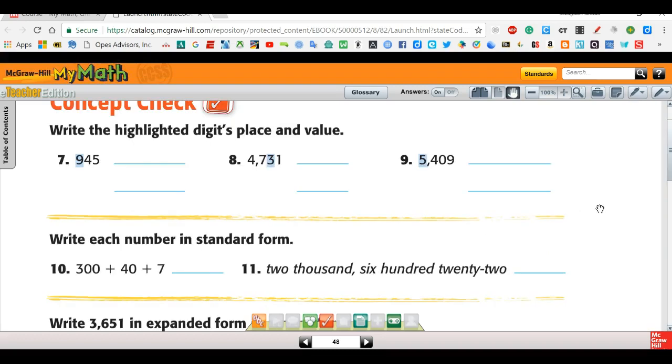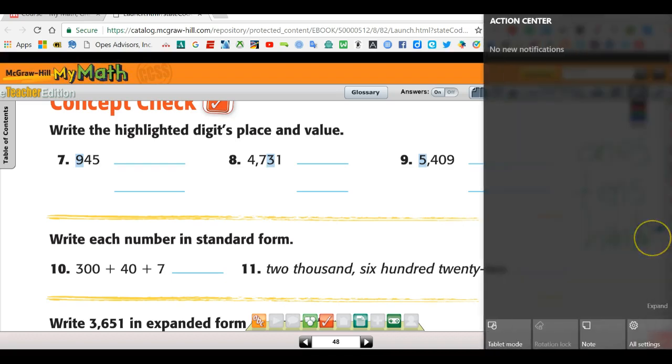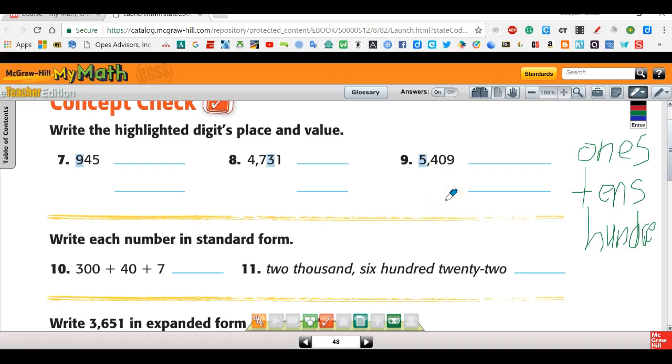Okay, now let's do a little bit of review. It says write the highlighted digit's place. They're either going to be in the 1, the 10, the 100, or the 1,000, right?